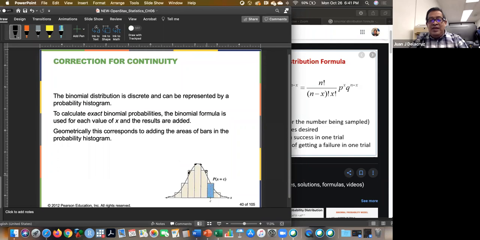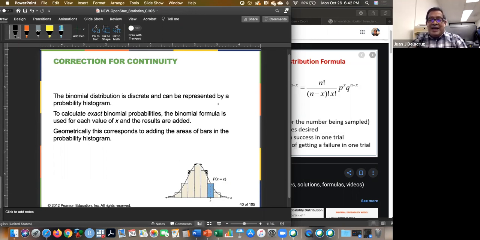So we have to account in some way for this area under the curve that is beyond the normal curve. The binomial distribution is discrete and can be represented by a probability histogram. To calculate exact binomial probabilities, the binomial formula is used for each value of X and the results are added.